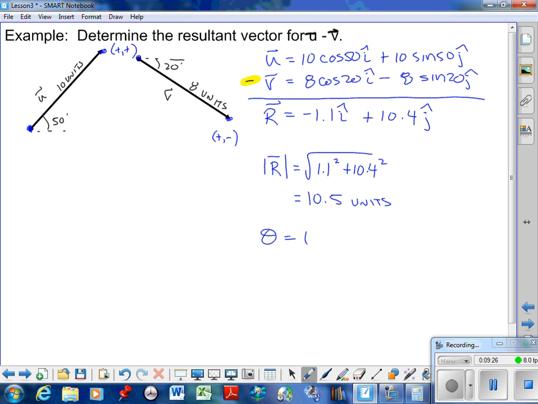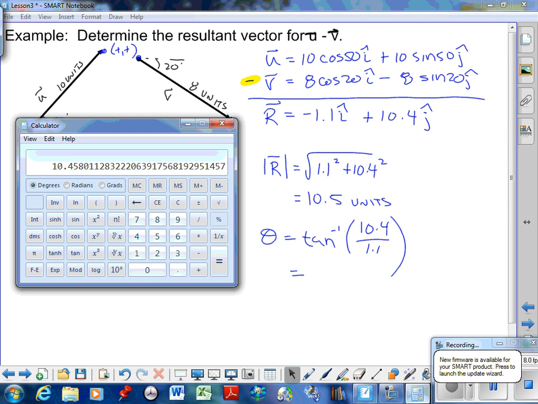For the angle, tan inverse, again, we don't have to worry about positives and negatives because we already know the direction it's heading. So that's equal to 10.4 divided by 1.1, inverse tan, 84 degrees.